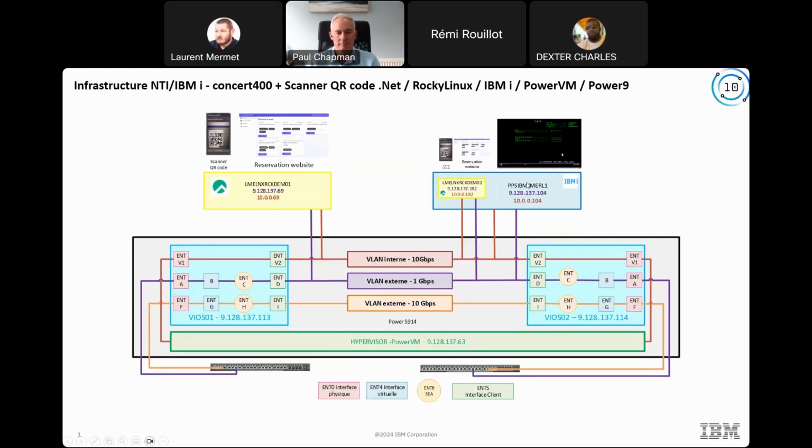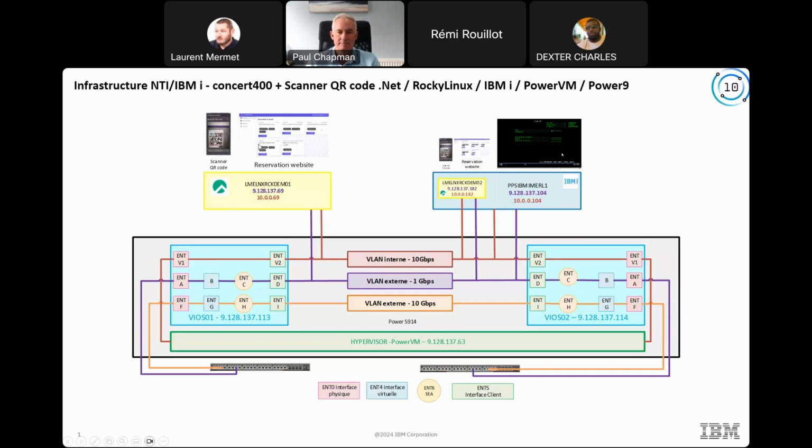The link between the two partitions, IBM i and Linux, is done by the internal network. So you can have only a website or your scanner in the DMZ and your IBM i partition in your data center.